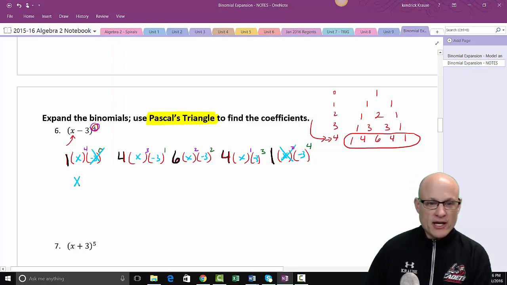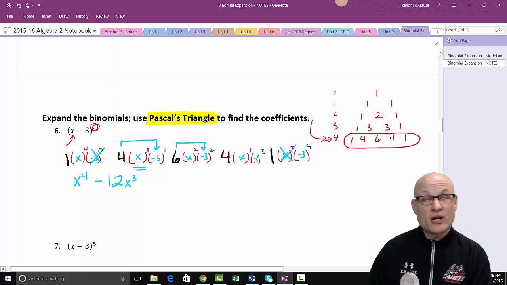So this gives me x to the fourth. Now, this is going to be 4 times negative 3, so that's minus 12x cubed. And then this is going to give me 6 times, well, what's negative 3 squared? Negative 3 squared is 9. 9 times 6 is 54. So 54x squared.